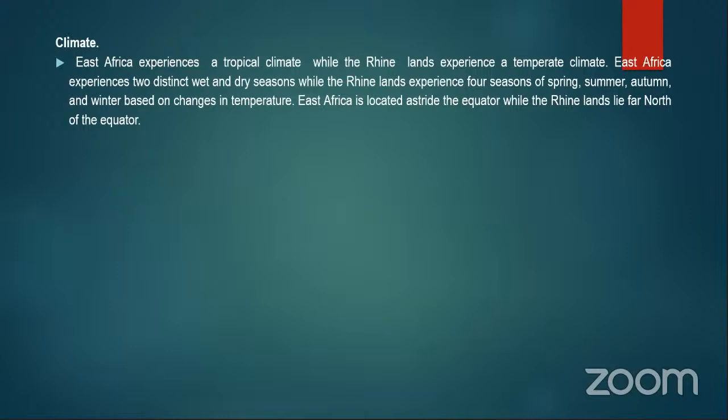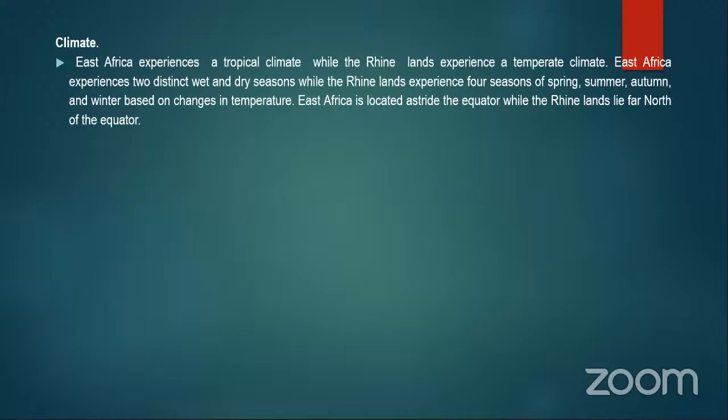East Africa experiences wet and dry seasons, while the Rhinelands experience 4 seasons. The temperate type of climate has 4 seasons: spring, summer, autumn, and winter.